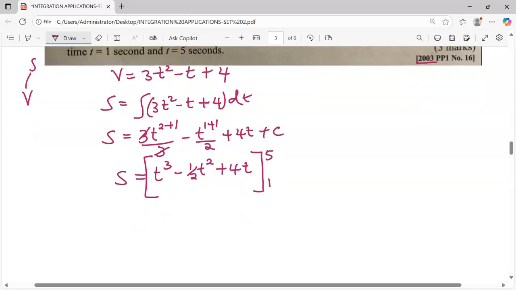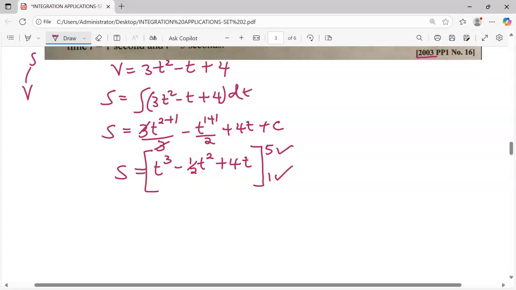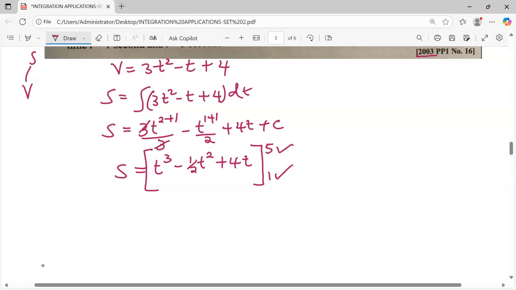So you insert the limits, that is t equals 5 and t equals 1. So we are going to substitute the maximum value of t, which is 5, then substitute the minimum value of t, which is 1, then subtract the two values.